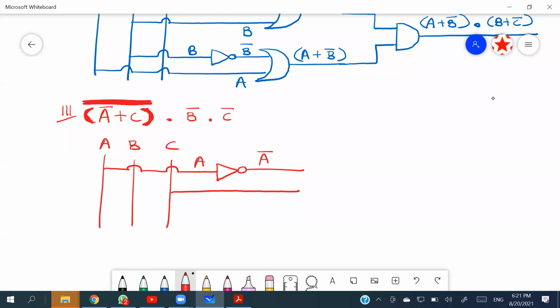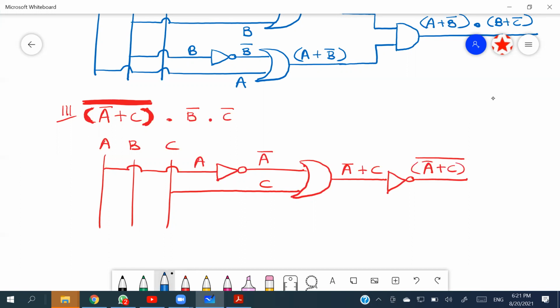So I have created C bar and I'm taking C over here and sending this inside an OR gate, right? Then it gives me A bar plus C. Then I can send this through the NOT gate, which gives me A bar plus C total bar.